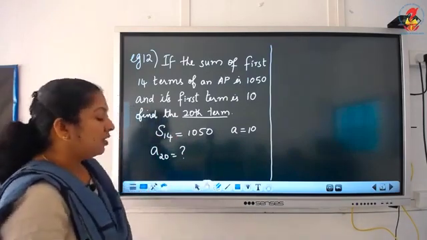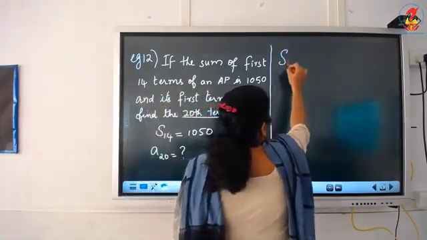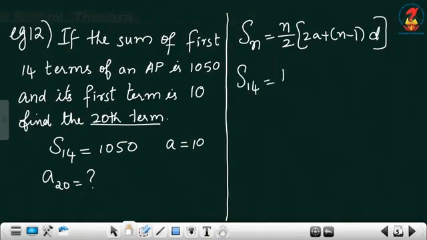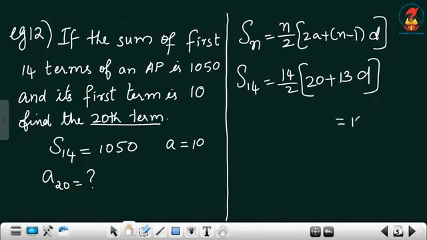Start with S14. Sn is equal to n by 2 into 2a plus n minus 1 into d. So S14 is equal to 14 by 2 into a is 10, 20 plus 13d. We need to find d. So it is given as 1050. So 1050 equal to 7 into 20 plus 13d.